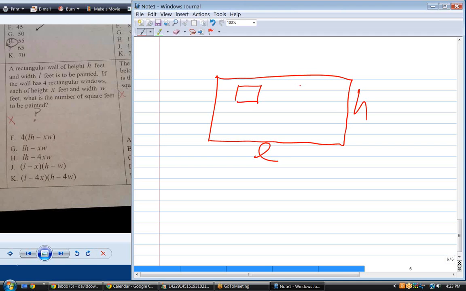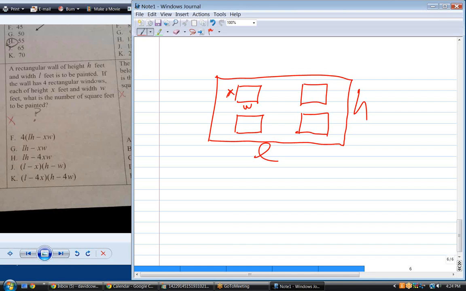I'm going to put my 4 rectangular windows right there. Doesn't matter whether I line them up horizontally or put them, in fact it doesn't matter where I put them. Each of these windows has x by w. All 4 of them do.